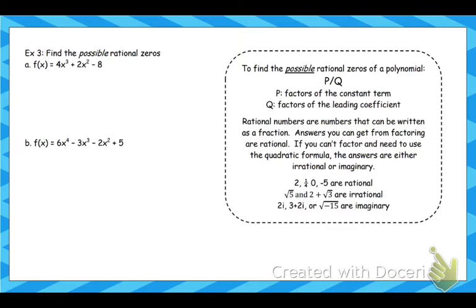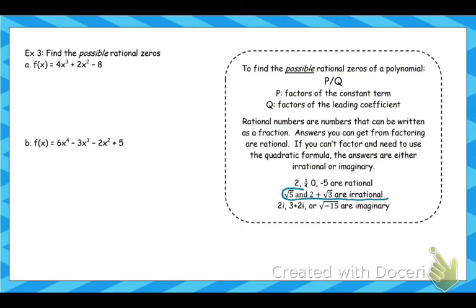Okay, so this is the possible rational zeros. So not necessarily numbers that actually are zeros of this function, but all of the rational numbers that could be. So to understand what I'm talking about by rational, rational numbers are the nice kind of pretty numbers. We can write them as a fraction. They could be positive, they could be negative, but they're possible to be written as a fraction. Numbers that are not rational are called irrational.